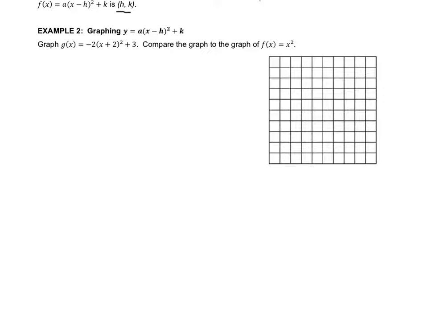Okay, so a couple of things as we go through. So first, let's focus on our axis of symmetry. Well, the axis of symmetry, remember, is going to be the h in our function. So if I look at that 2 inside, this is the h. But in the actual function, it's minus h.